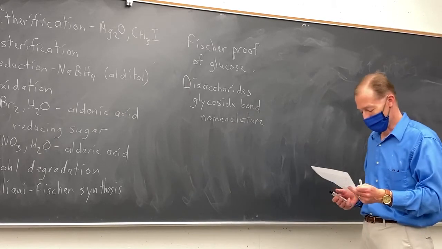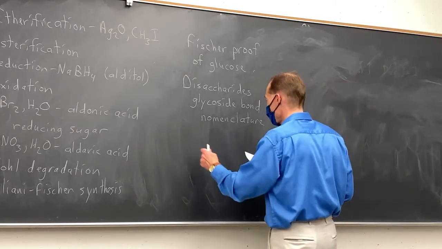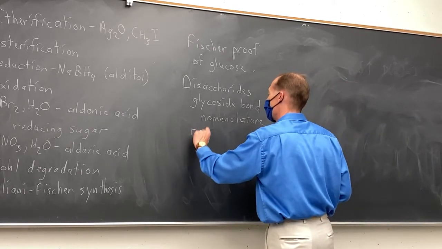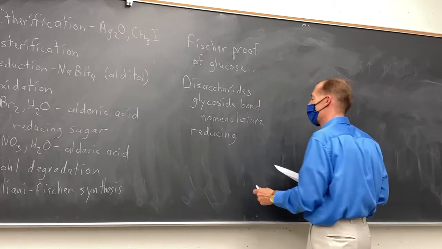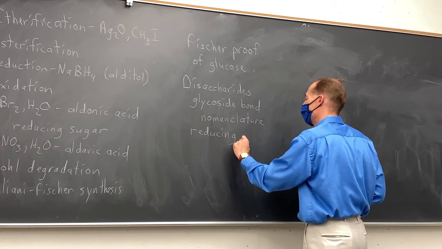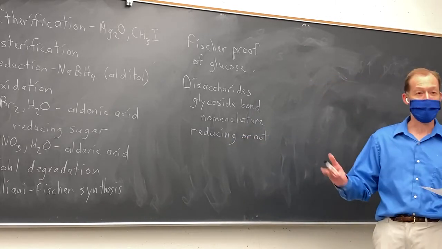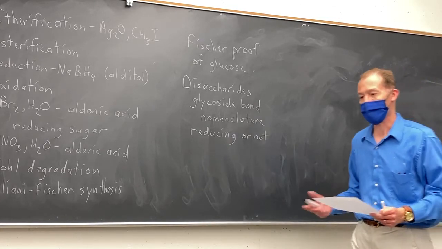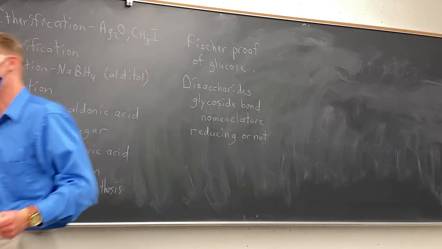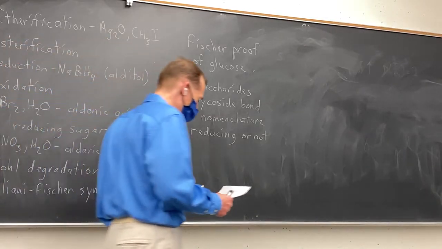So understanding that glycoside bond nomenclature, and then being able to look at a structure of a disaccharide and determining if it is a reducing sugar or not a reducing sugar. Those are the important things to note with disaccharides. But you don't need to memorize specific disaccharides, just be able to understand those concepts.